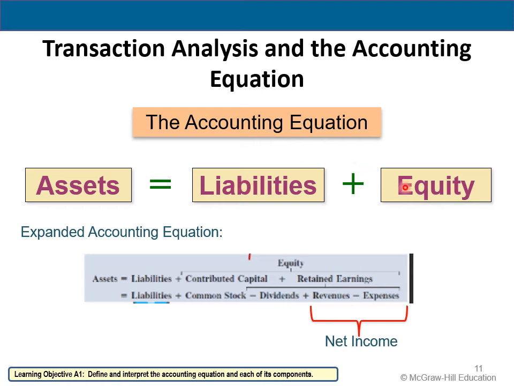All right. Equity. So equity is the residual. It's the owner's claims against assets. So if we look at this equation, assets is on this side by itself. All right. So if we think of liabilities as the claims of third parties against assets, then equity is the claims of owners against assets.